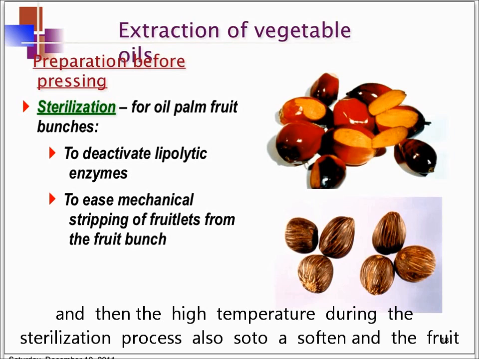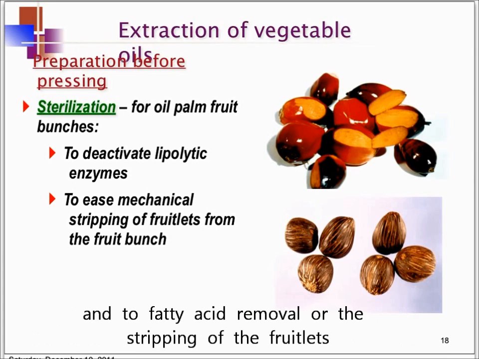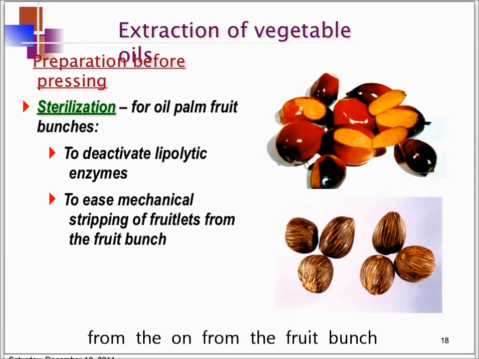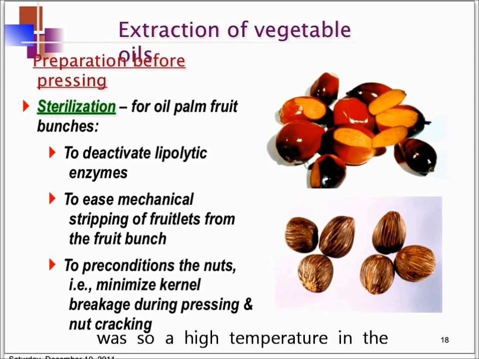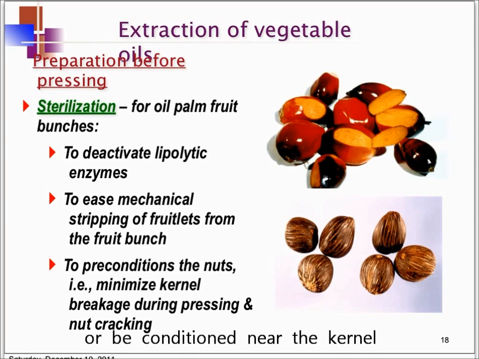The high temperature during the sterilization process also serves to soften the fruit and to facilitate the stripping of the fruitlets from the fruit bunch. Also, the high temperature will soften or precondition the kernel, so that the kernel shell is not too hard.